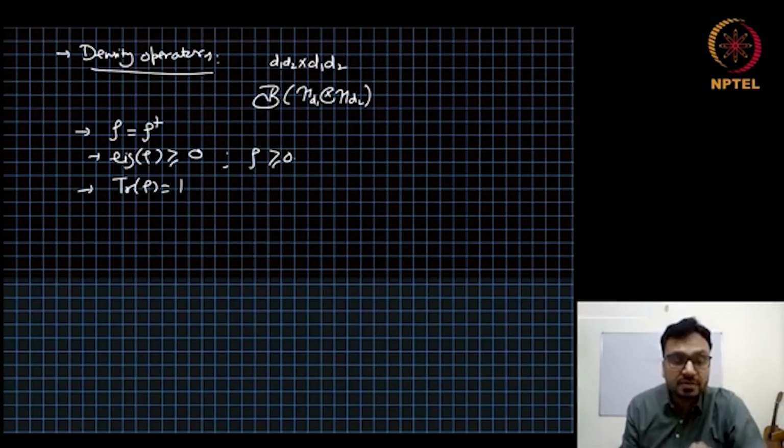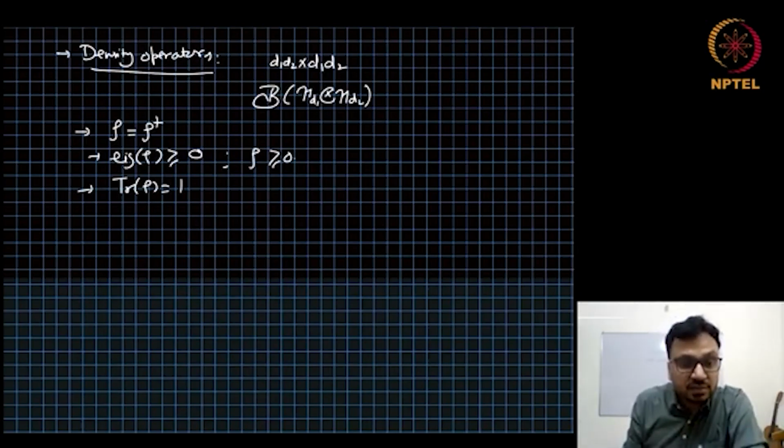It does not matter what kind of quantum system we are considering: composite, pure, entangled, whatever it is. If there is a density operator, it has to satisfy these three conditions. And any matrix which satisfies these three conditions is a bona fide density matrix of a quantum system.